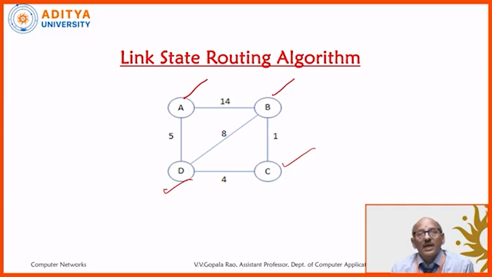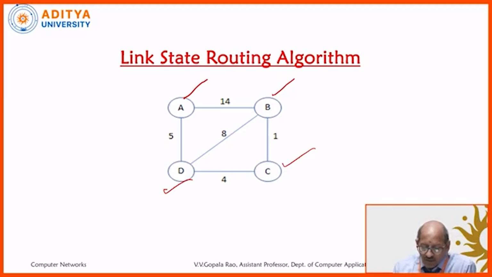On the edge there is a number indicated, which is called the cost. You need not worry about how the cost is actually shown here. Let us imagine that this is the graph which indicates the routers and also the measured cost, and that measured cost is shown on the edge.